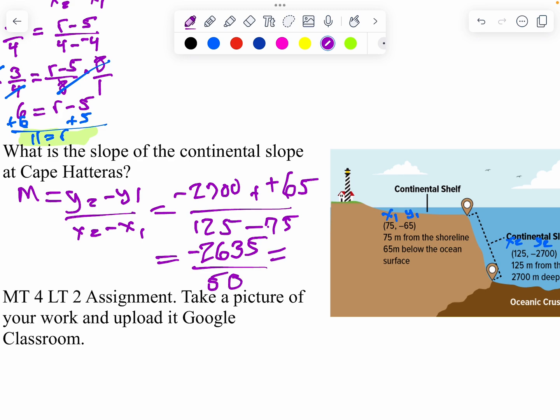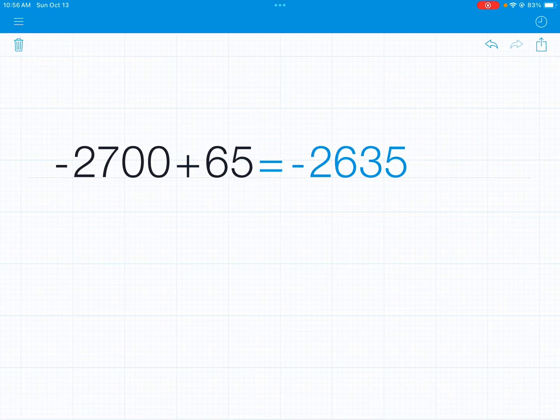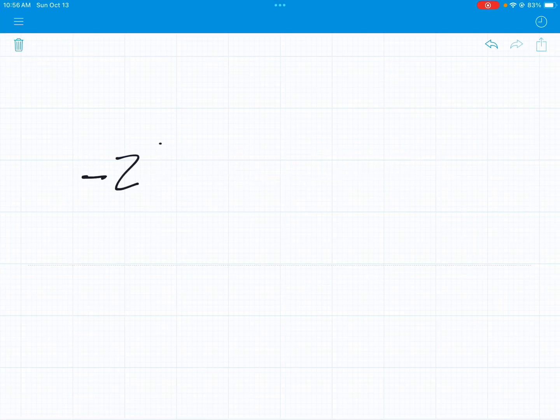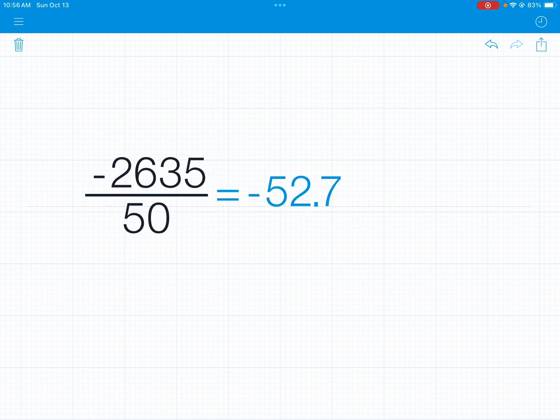And if I take negative 2635 divided by 50, I get negative 52.7.